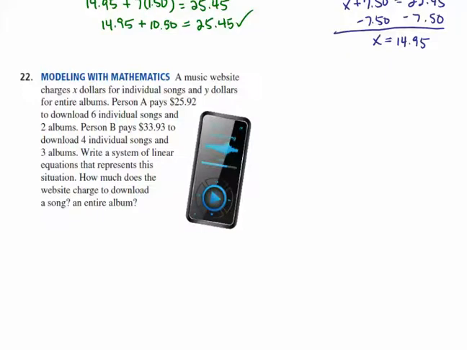In the next problem, a music website charges X dollars for individual songs. So X is the price of individual songs, and Y is the price for entire albums.